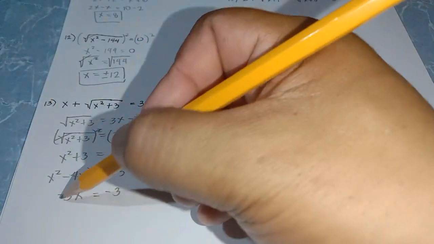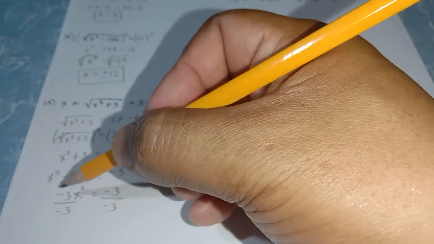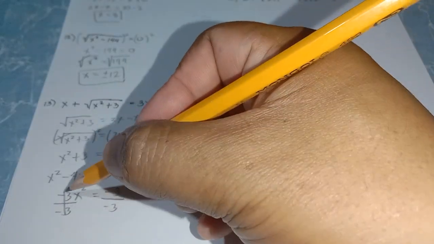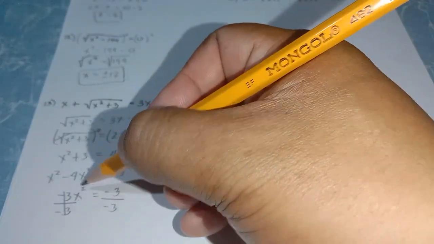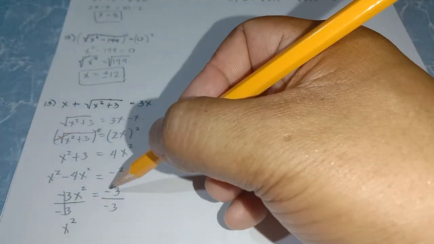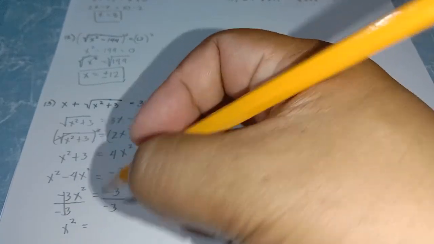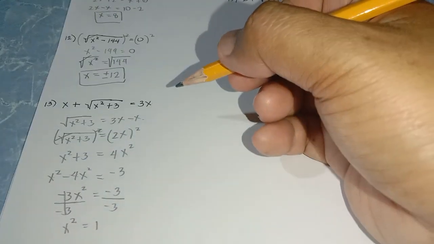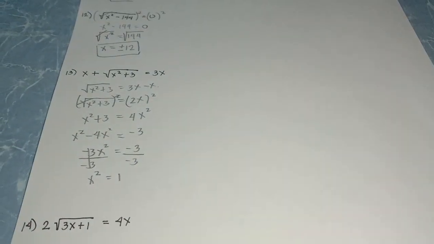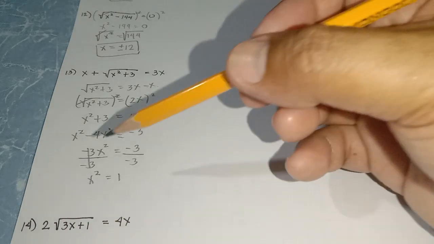And then, divide both sides by negative 3. So, negative 3 divided by negative 3 is positive 1. So, cancel na. 1 times x squared is x squared. Negative 3 divided by negative 3 is negative divided negative, so positive 1. Okay? And then, so x squared, sir, final answer na ba ito? So, hindi pa yung final answer.